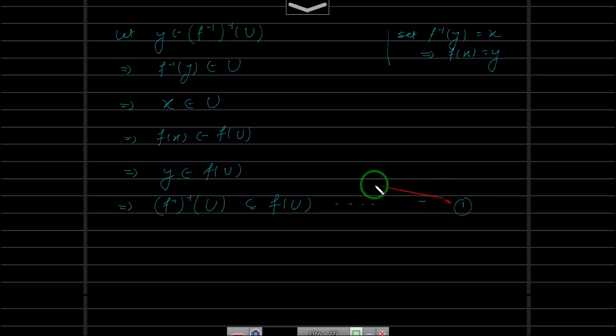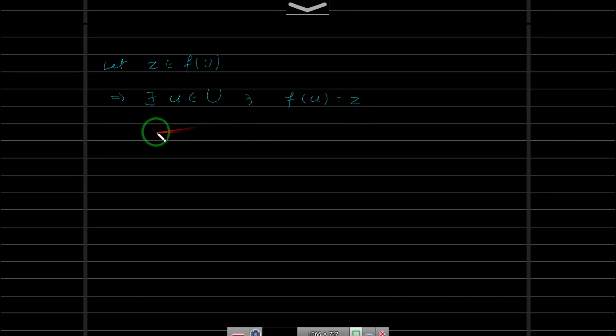On the other way, we have to take a point in f(u). So let us take z. Let z belong to f(u). So z belongs to f(u) means there exists some small u belonging to capital U such that f(u) equals z.